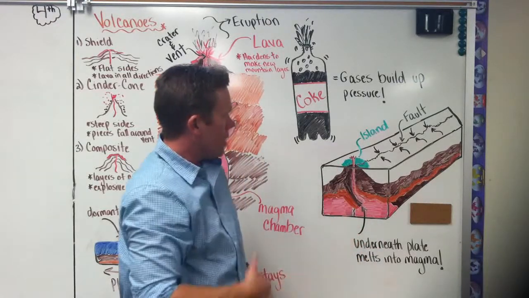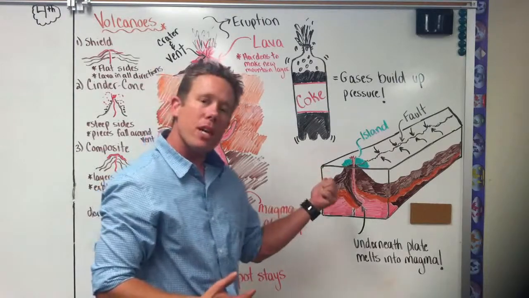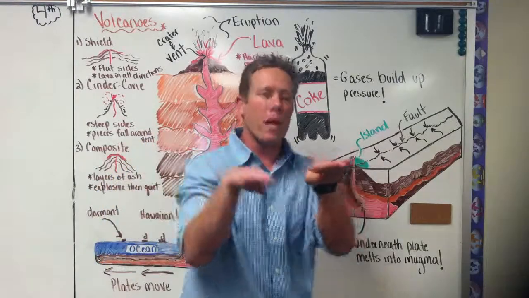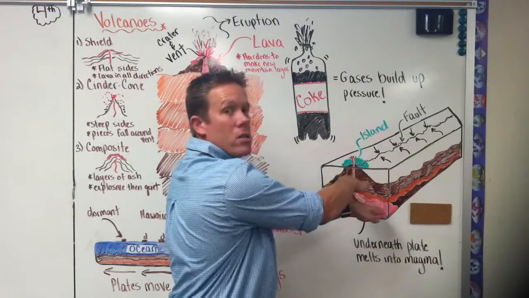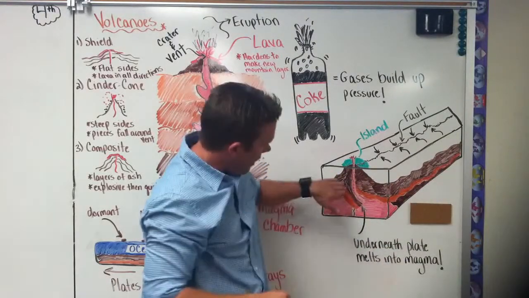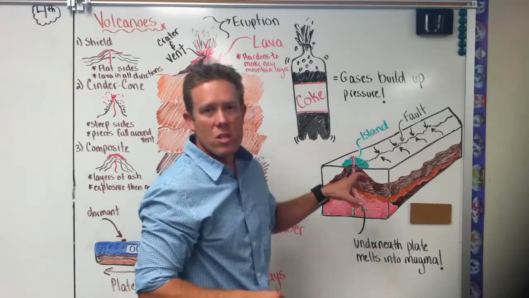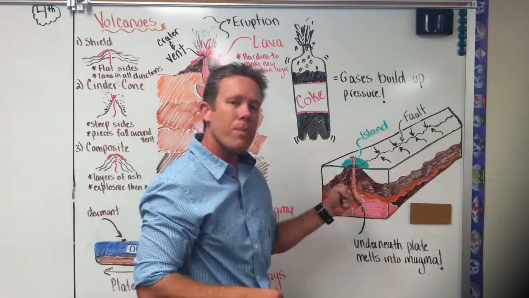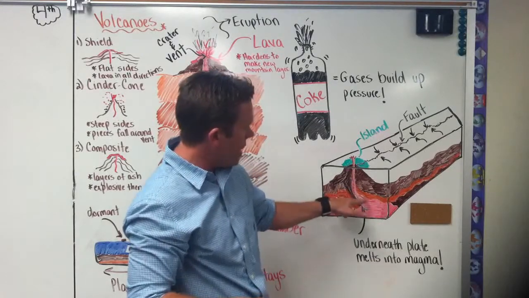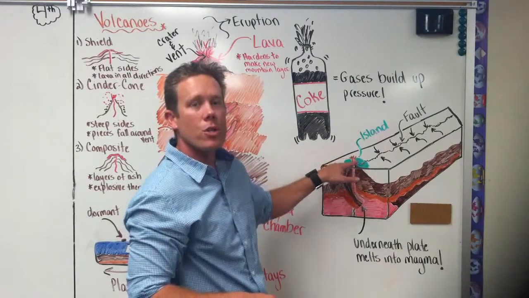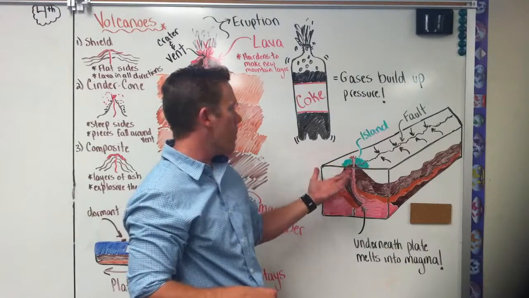So that's pretty much it here. This particular volcano is forming when you have two plates coming together and one starts to dip underneath. And that layer underneath starts to melt because of the weight and the pressure and the friction. That creates the magma, which then builds up and is going to explode out the top. Okay.